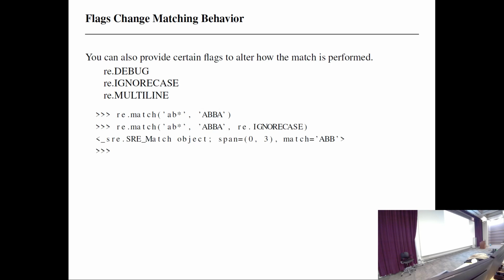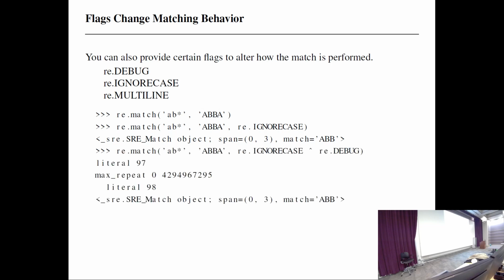But if I add the optional argument re.IGNORECASE, this is just a constant, like a value, like true or false, then it matches. It says, hey, ab star matches the first ABB in ABBA because it's ignoring case. So you can get your regular expressions to ignore case. They're generally case sensitive, but you can turn that off.